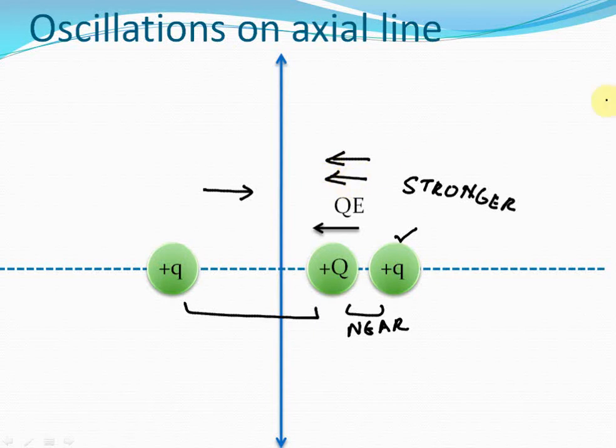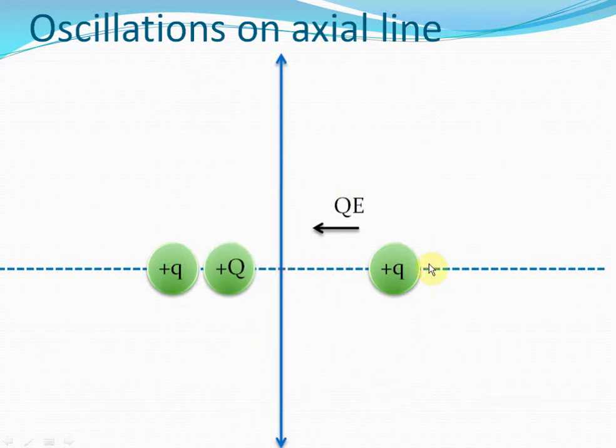Now when this plus capital Q charge reaches the left side of the origin, a force QE acts towards the right on this particular charge. That's because, again, in this case, this charge plus small q on the left exerts a force towards the right on the charge plus capital Q, isn't it? Because like charges repel each other.